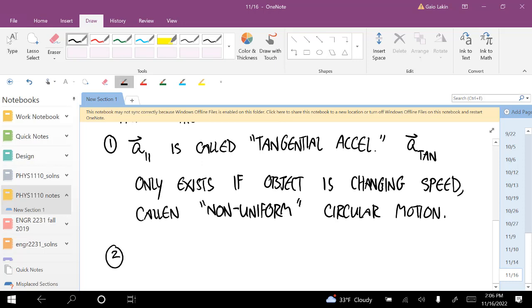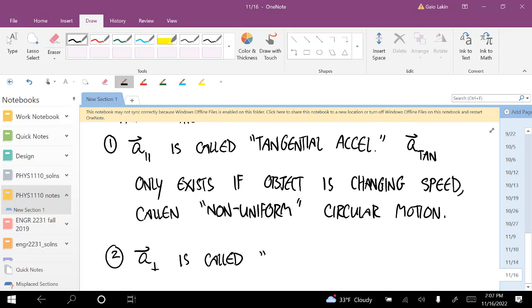The second one, a-perpendicular, that's always been the one that determines if something is turning. Well, in circular motion, the thing is always turning, and it's always turning in a certain way. So this is called, anyone remember what this is called? It's called centripetal.